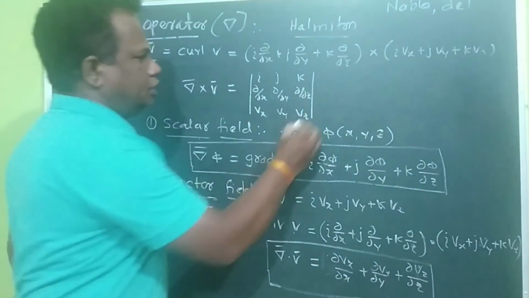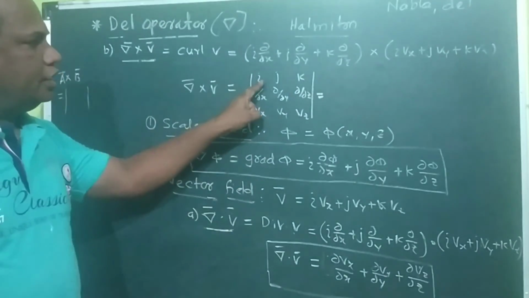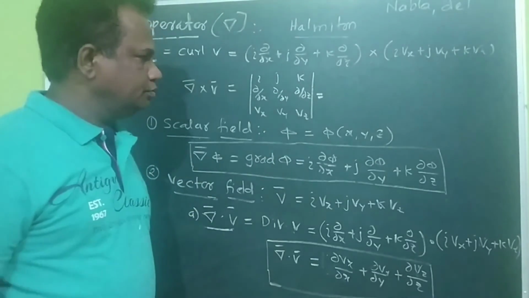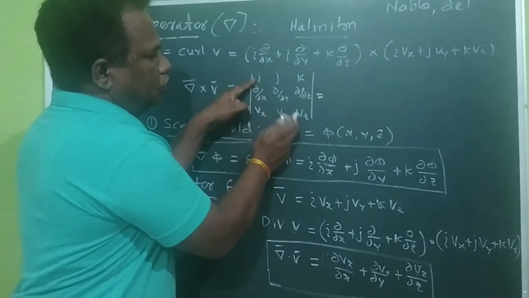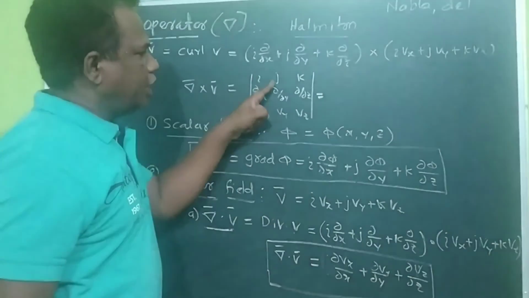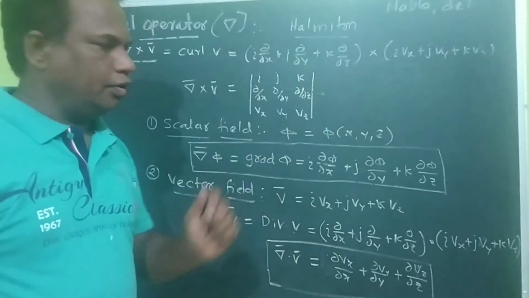If you solve this determinant, you will get the quantities in terms of i, j, k. You know how to solve it. So this produces a vector quantity.